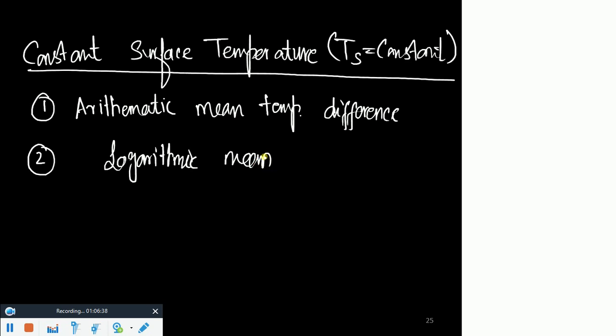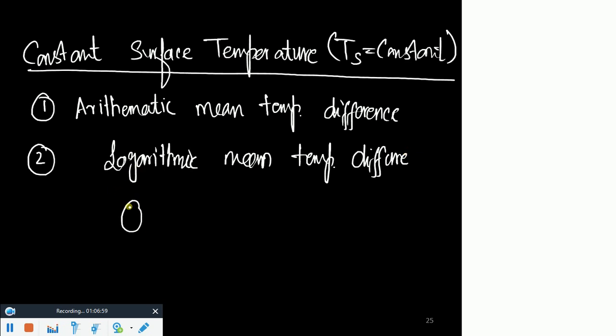You remember we used that logarithmic mean temperature in flow over tube bank. Do you remember that? We used that definition. So this is the time to prove it. So log mean temperature difference, these are the two temperature profiles which we can use in case of convection inside a pipe for constant surface temperature condition.